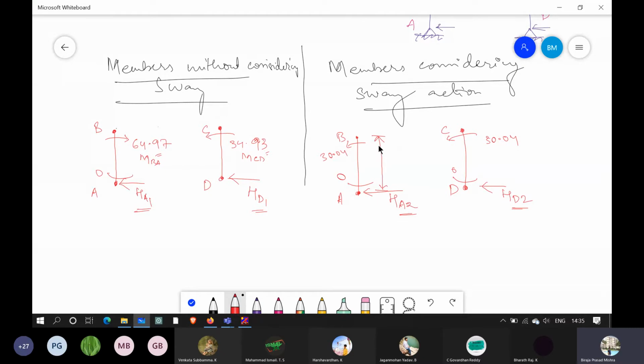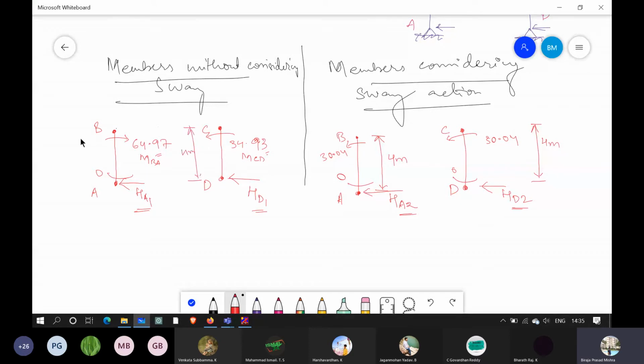This is again 4 meters, this is again 4 meters, and this is also 4 meters.